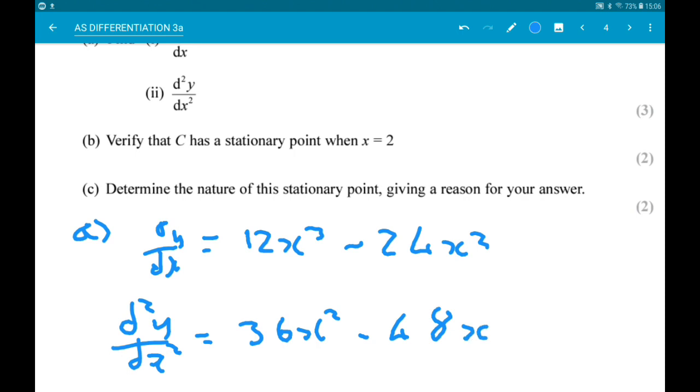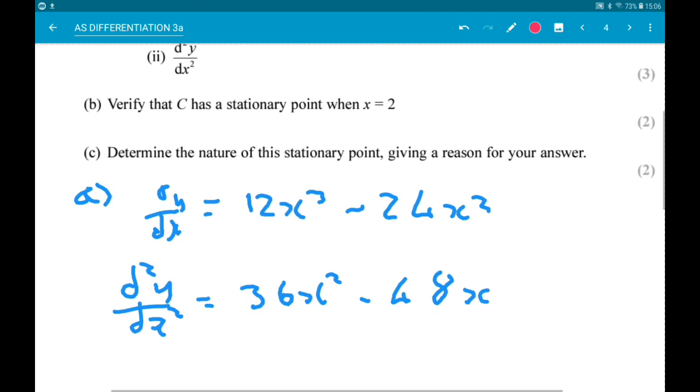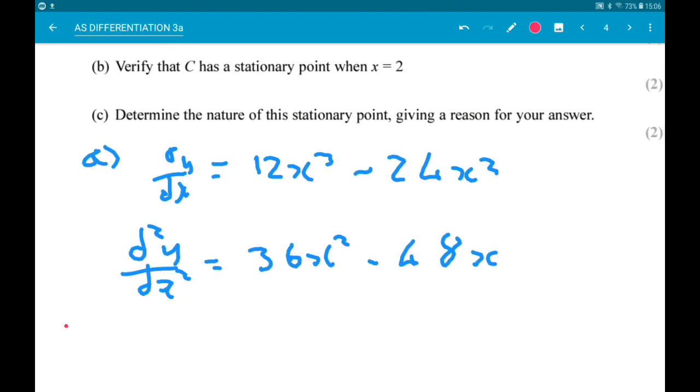Okay, then part B wants us to verify there is a stationary point when x equals 2. So again, we would want to say at a stationary point dy by dx must equal 0.